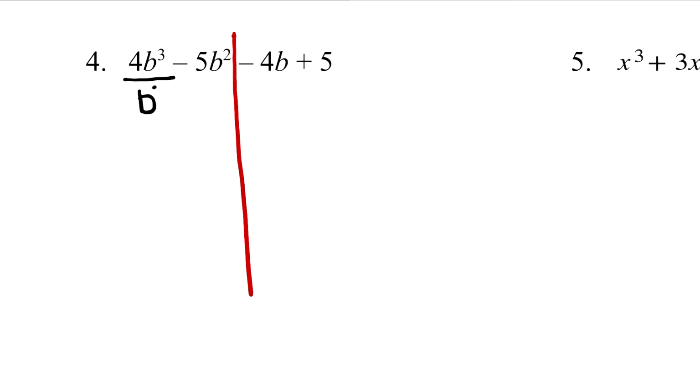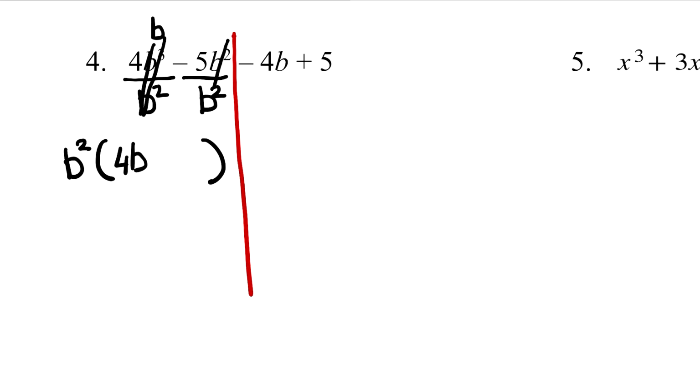It has a b squared in common. So we take out the b squared. Now notice that these will be reduced, leaving us with 4b. And you took out the b squared over here, that leaves you with a minus 5.